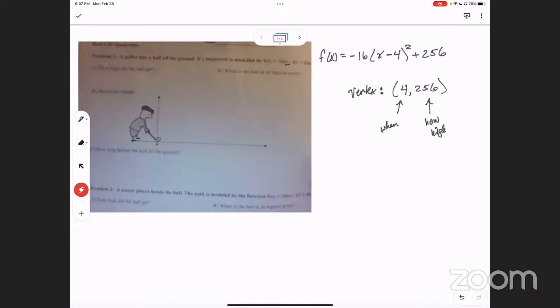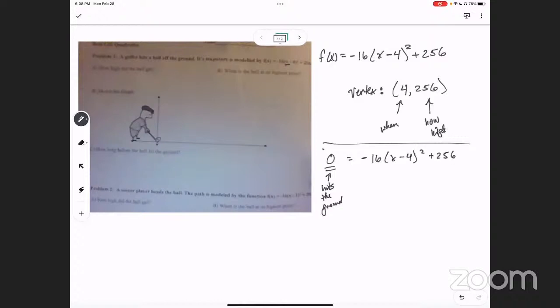So what we're going to do is it's going to hit the ground when this equals 0, when the height is 0, right? So we're going to solve this equation to find when it hits the ground. So we're going to plug 0 in because that means that it hits the ground. And we're going to solve this equation.